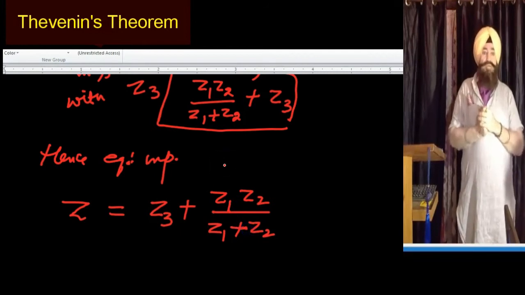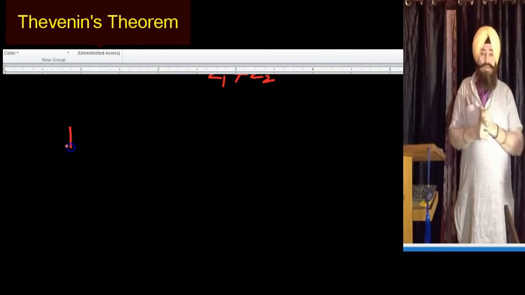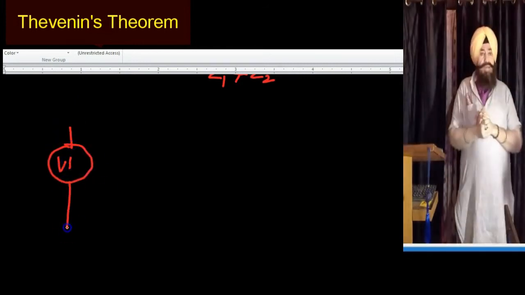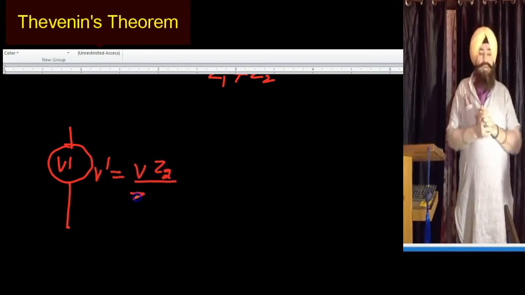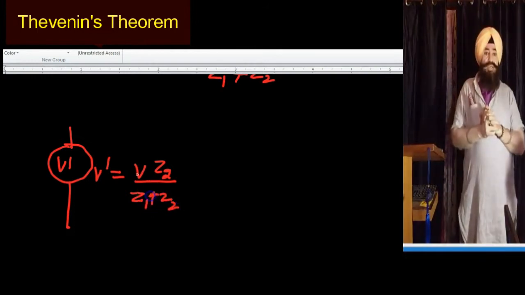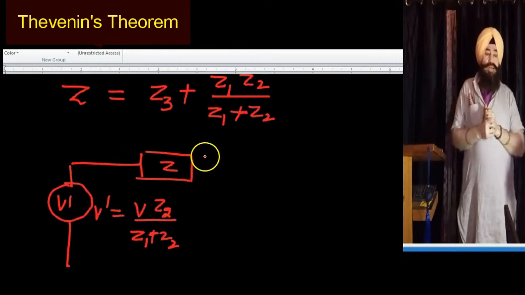Okay. Now lastly, we're going to draw the equivalent circuit and the values. This is V dash. We already know the value of V dash. What is it? It is V Z2 upon Z1 plus Z2. This is Z, we already calculated it just above.